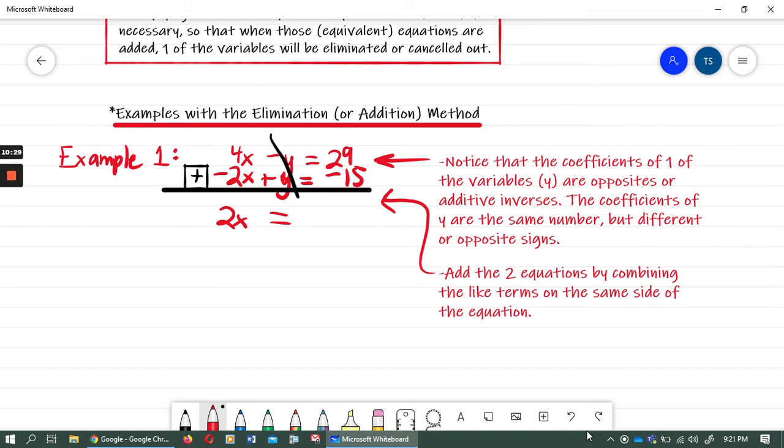All right. And so now we've combined those like terms on the left side of the equation. Now let's combine them on the right side: 29 plus negative 15 gives us positive 14.